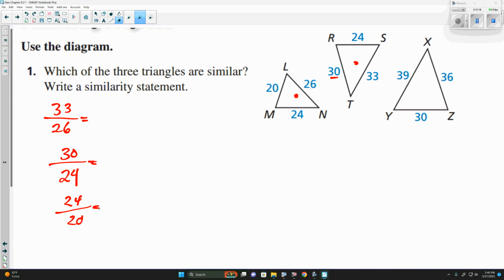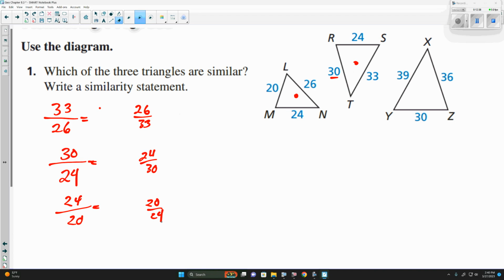Because the other option that we would have for this would be 26 over 33. Because bigger over bigger. Then we would have 24 the middle over 30. And lastly, 20 over 24.